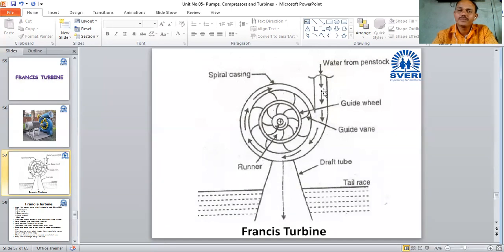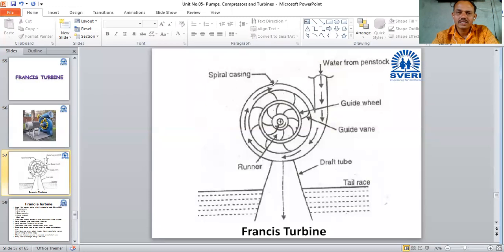Now this one is the penstock, or it is also called spiral casing, or scroll casing. This is the casing which is at the outside. These turbines are very big turbines which are generally mounted under the ground, or at the level of ground, and water flow takes place through that penstock.